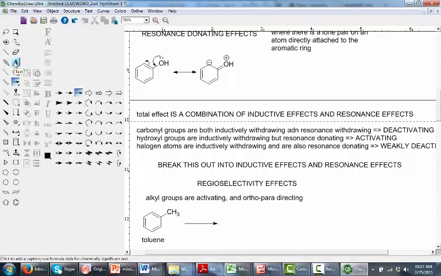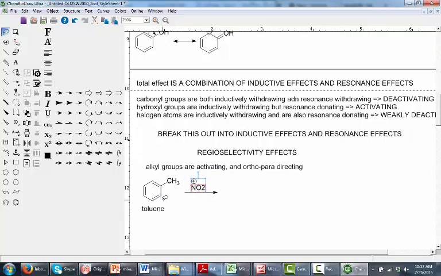And I want to add a nitro group to the toluene molecule. So let's do this particular electrophilic aromatic substitution reaction. That's to add an NO2 group to my molecule. Alright, and this is my electrophile here. I can now add it in to form 3 different carbocation intermediates.